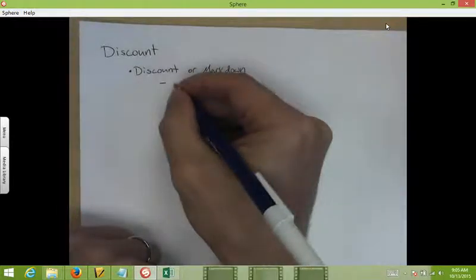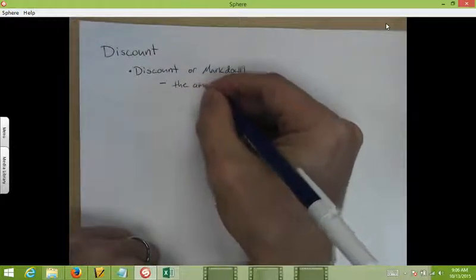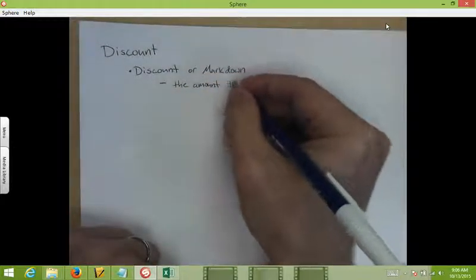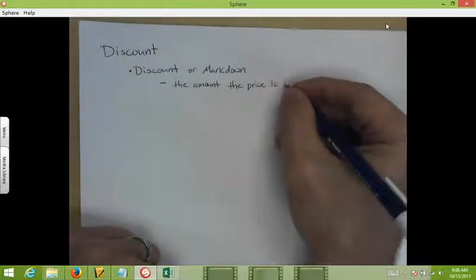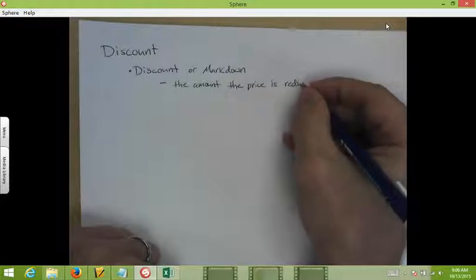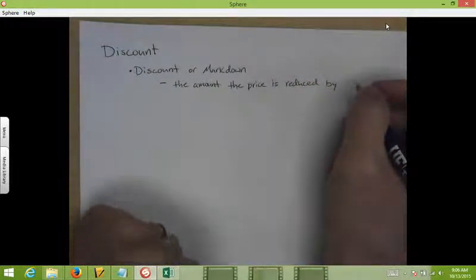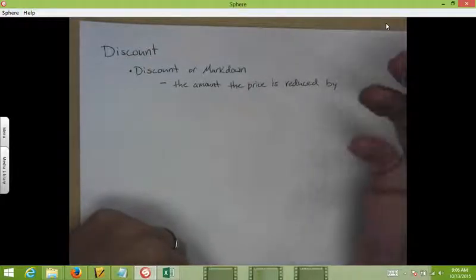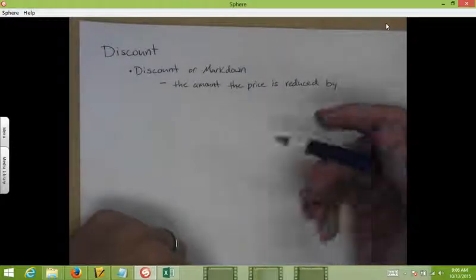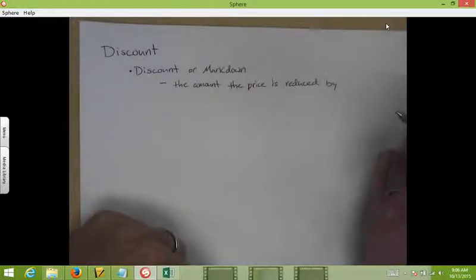Basically, this is the amount the price is reduced by. For our purposes, we're going to have percents, and you can think of it like coupons, 10% off, 20% off, or a sale, 30% off games, 40% off this, whatever.